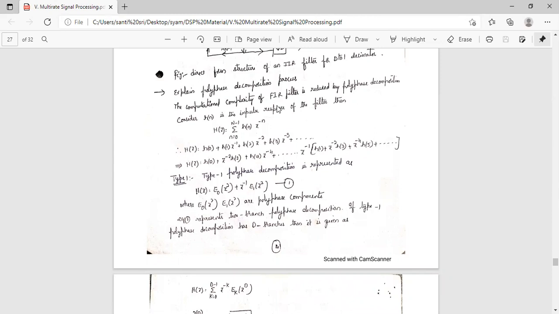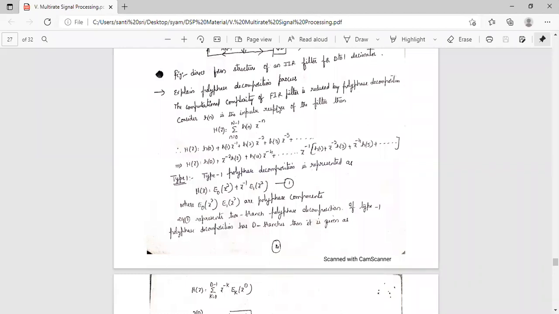This is the type 1 polyphase decomposition representation, where E0 of Z square and E1 of Z square are called polyphase components. Equation 1 represents a two branch polyphase decomposition.